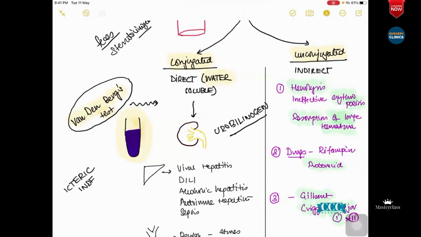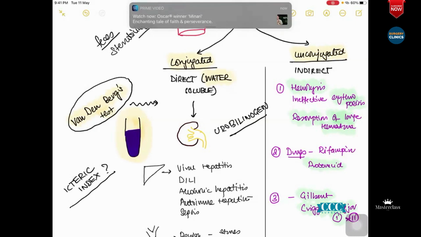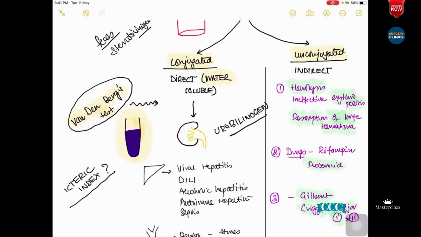If it is more than 5, then palms and soles will be yellow. Not exactly, sir. These are again those dinosaur examiner questions. Do you remember, in your class 11, class 12 chemistry classes, what is the color of potassium dichromate?